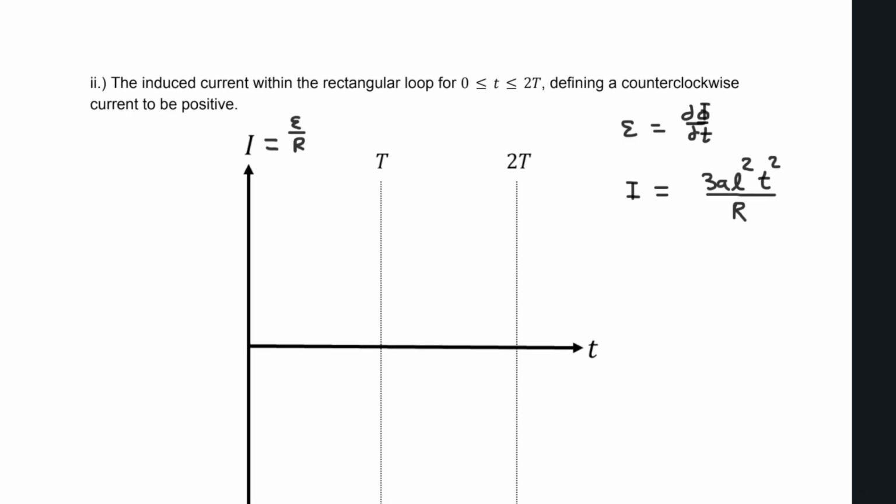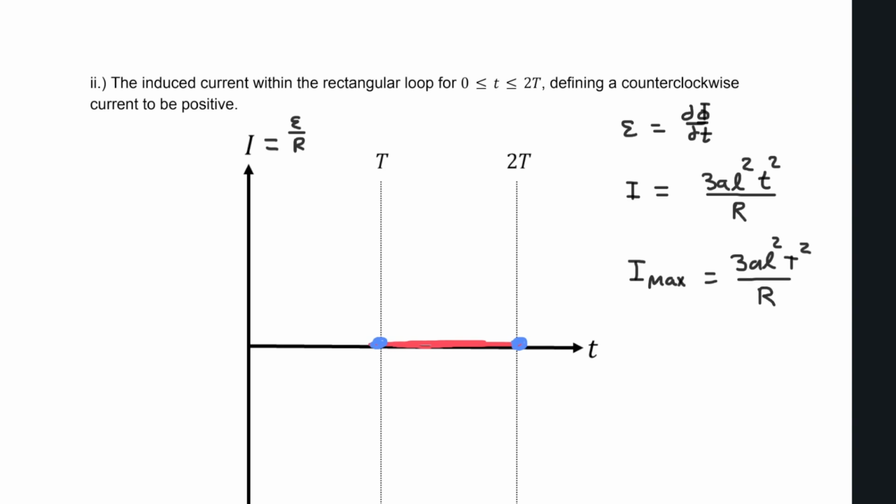So we'll have no induced current from capital T onwards because the flux is constant. But we are going to have a quadratically increasing current with maximum value occurring at T equals capital T.